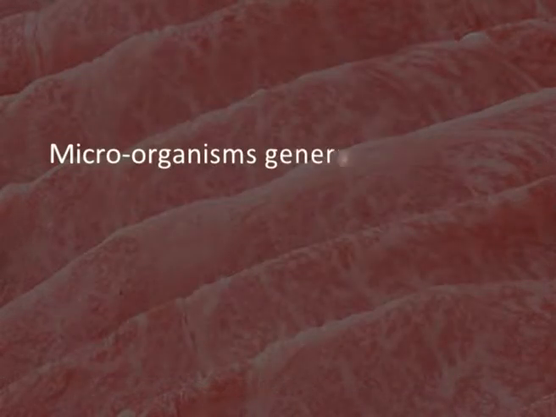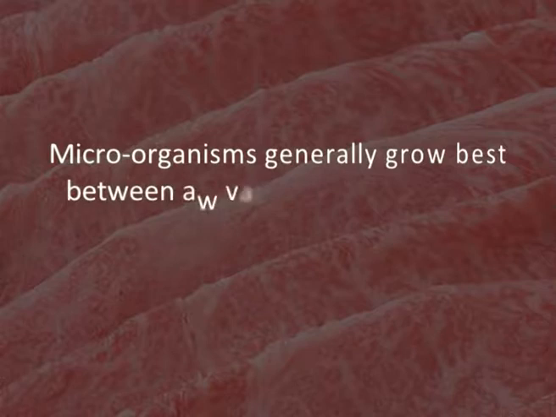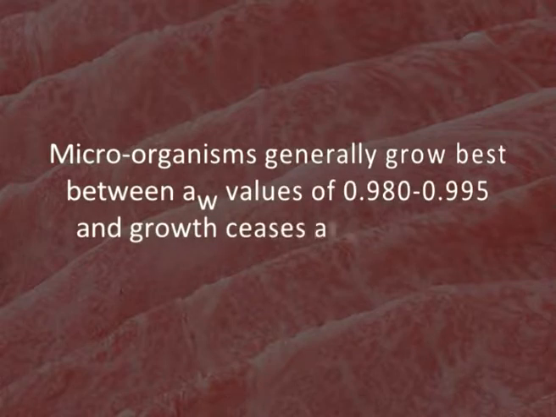Microorganisms generally grow best between the water activity values of 0.98 to 0.995 and growth ceases at a water activity less than 0.9. Yeasts and molds can grow at a low water activity of 0.6. However, growth of pathogens is prevented at water activity of 0.85.